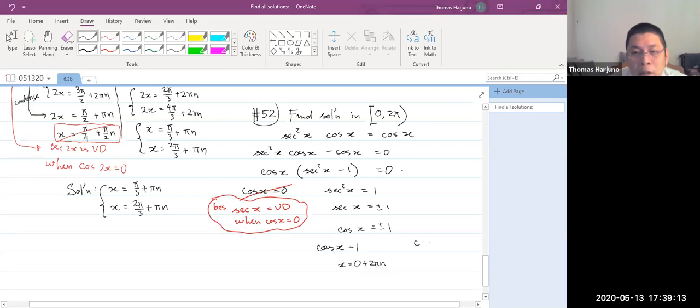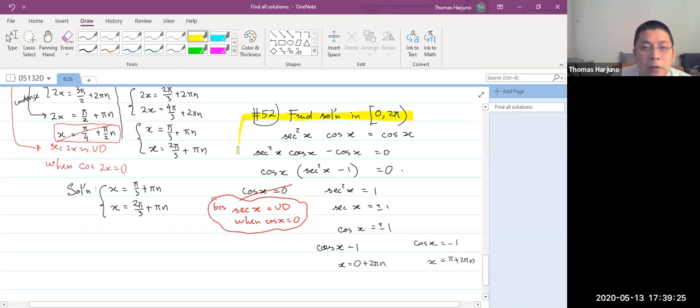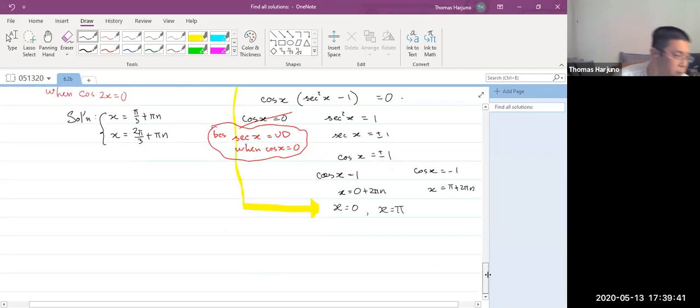Cosine x equals negative 1 at pi plus 2 pi n. However, I need the solution in the first interval, the first period. That's the general solution I got earlier. So x equals 0, x equals pi. That's the solution in the first interval.